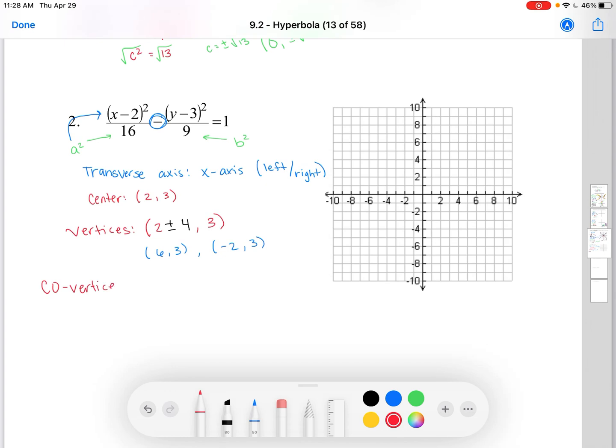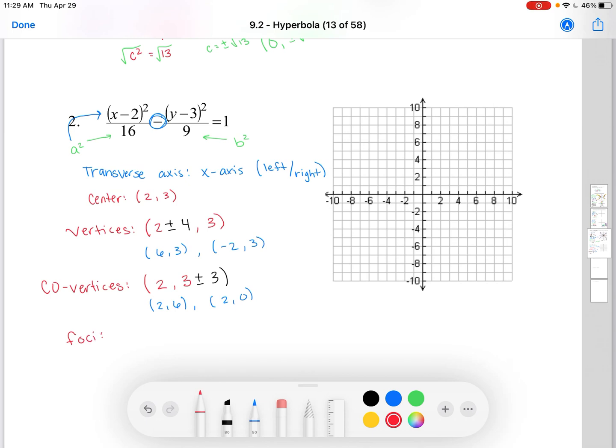Then we will go into the co-vertices. This time the co-vertices pertain to my b value, so my center of 2 on my x will stay the same. But now my y value is going to change by my b, which is plus or minus 3. Again, if you want those exact coordinates, we got 2, 6 and 2, 0.